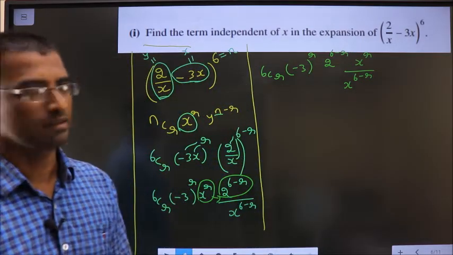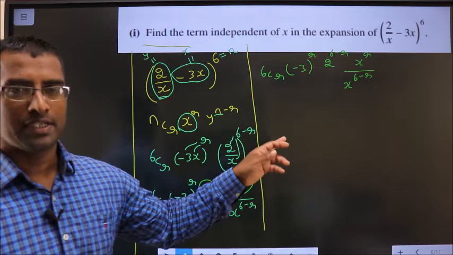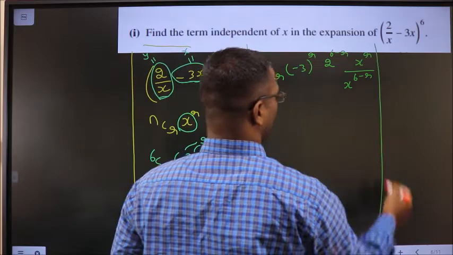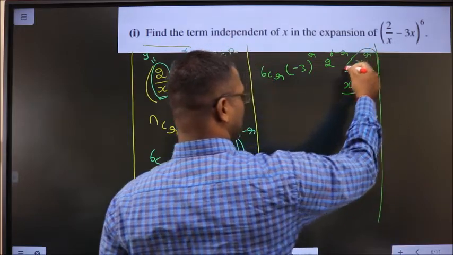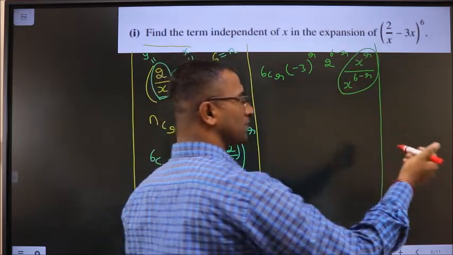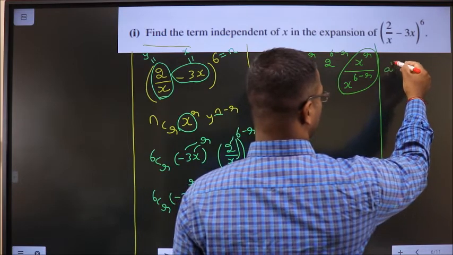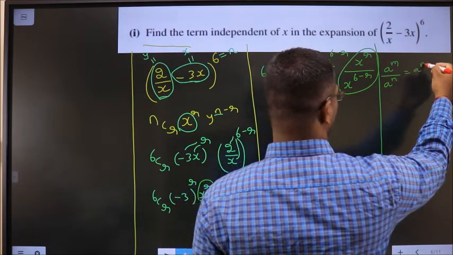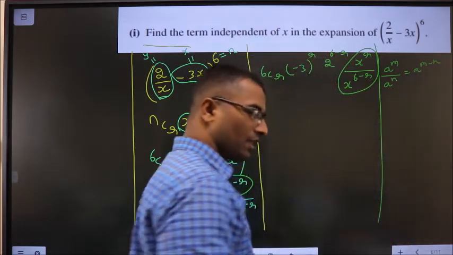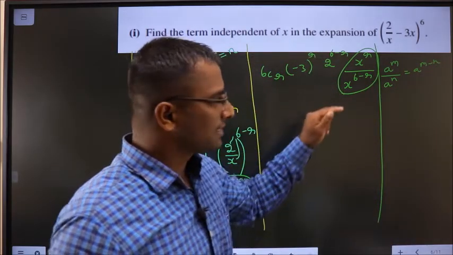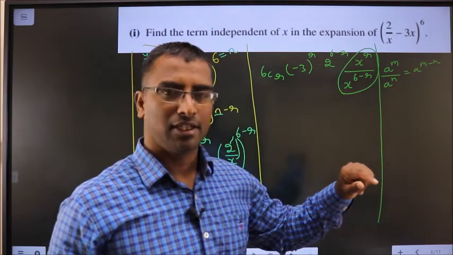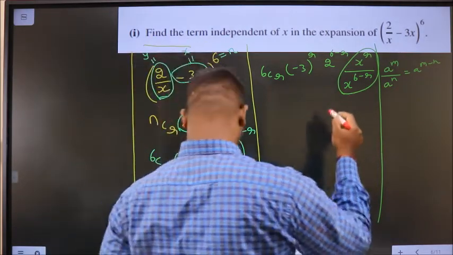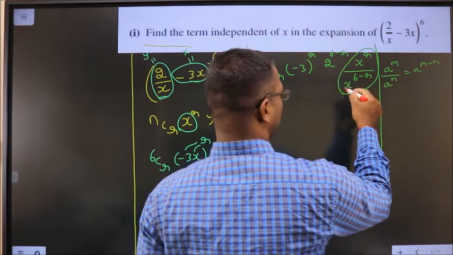Okay, now how do we simplify further? I simplify this by making use of the formula a^m by a^n is a^(m−n). Bases are same, division you will subtract the powers. Same here. The bases are same.